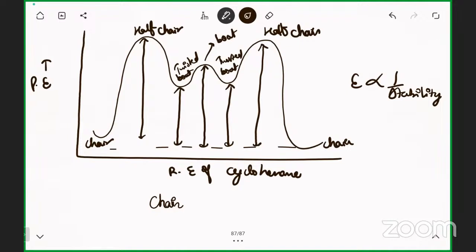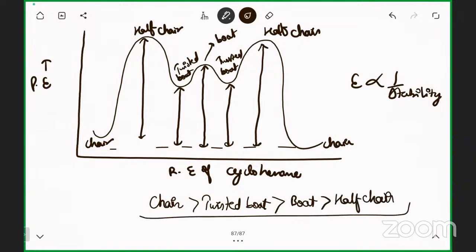Yes, twisted boat. Then next, boat. Next, half chair. So this is the order of stability. Chair is the most stable, then the twisted boat, then the boat, then the half chair.